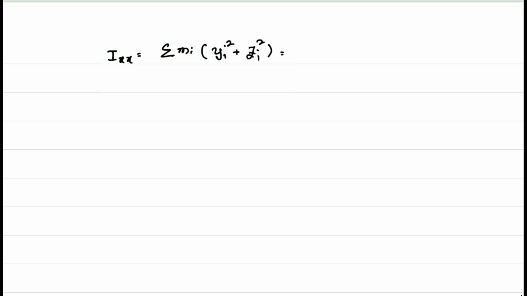Now this will be sigma m (yi square plus zi square). Do you agree? Now we are required to find out yi square plus zi square, how much it is.